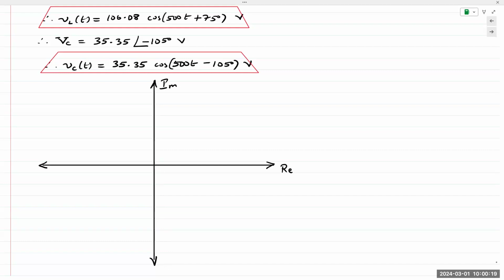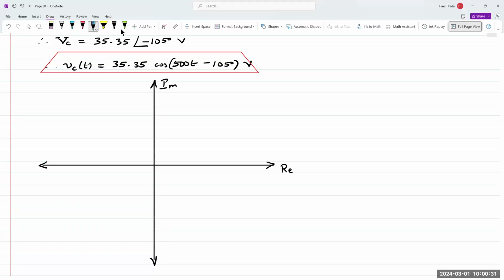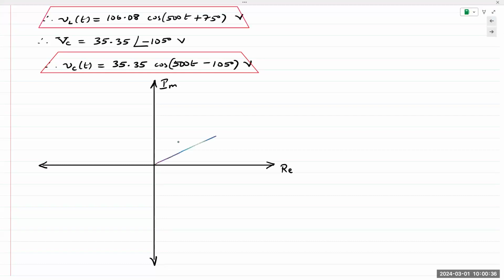So let's first plot out VS. VS was at an angle of 30. So let's see if I plot VS here.